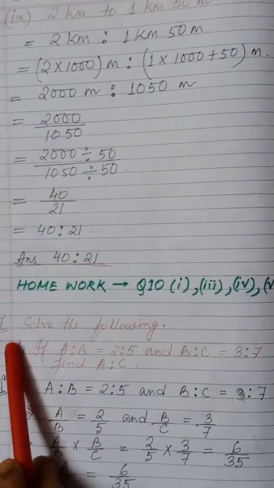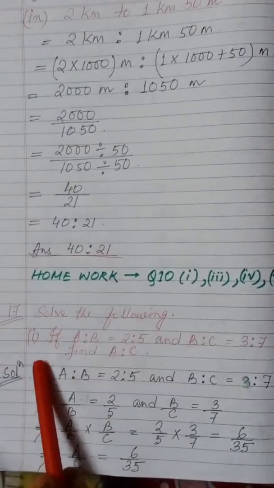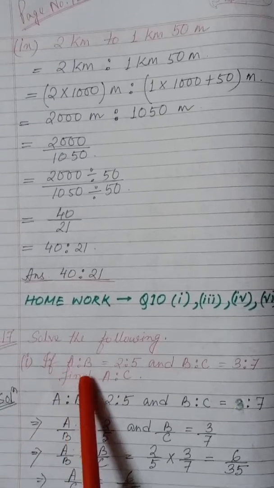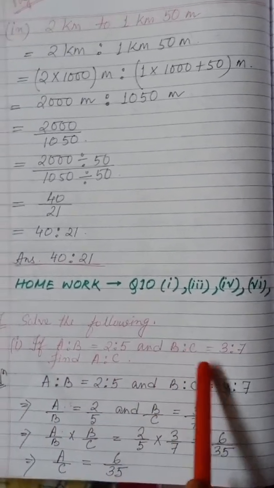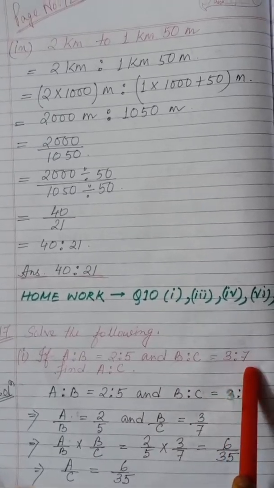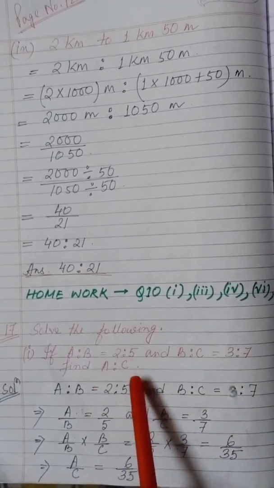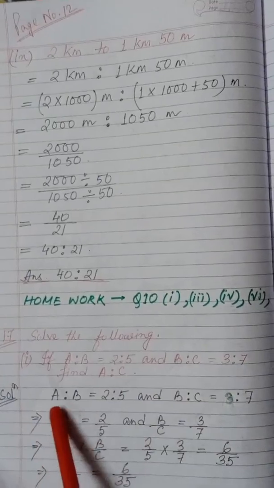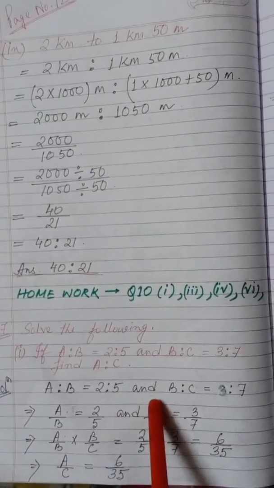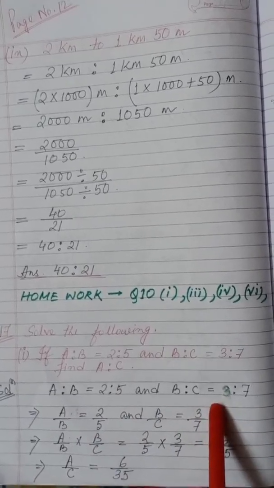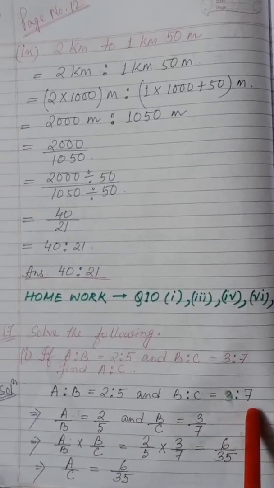Question number 17. Solve the following. Number 1. If A is to B equal to 2 is to 5 and B is to C equal to 3 is to 7, find A is to C. Given A is to B equal to 2 is to 5 and B is to C equal to 3 is to 7.